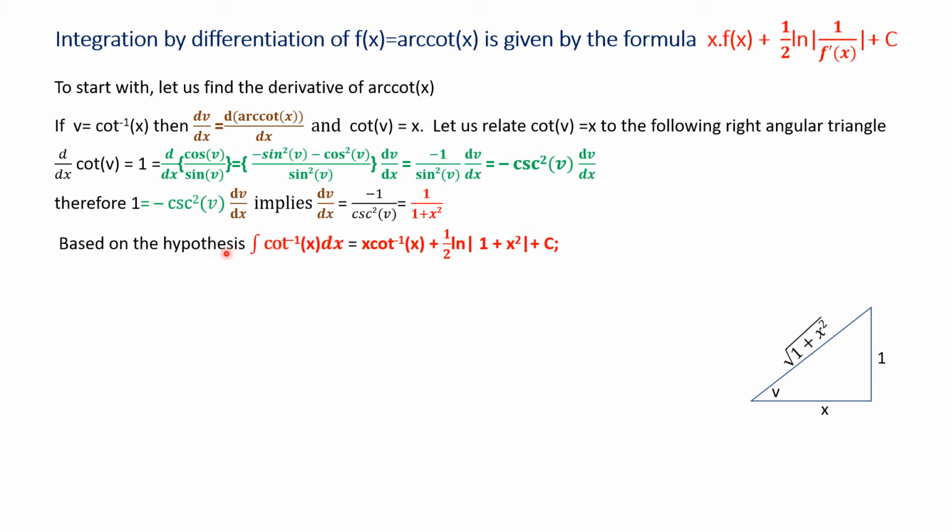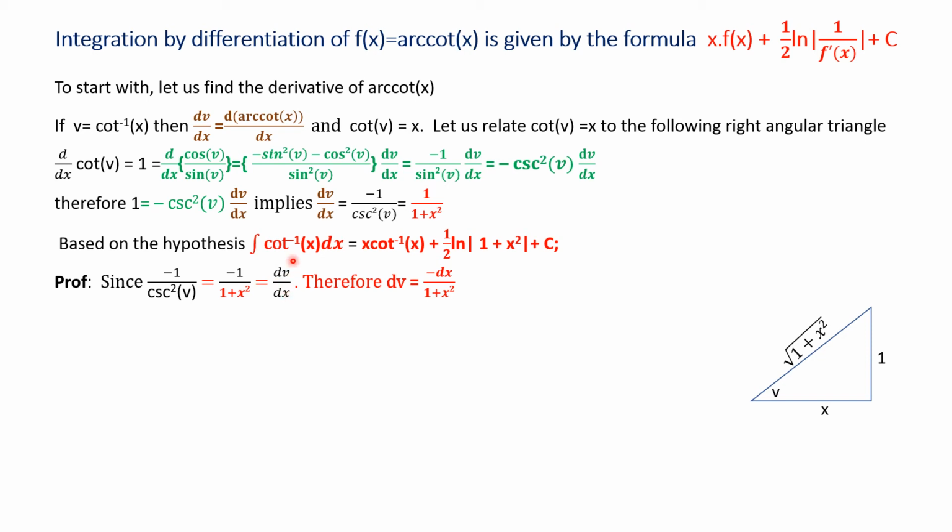To prove this, we have to perform actual integration of the left-hand side and prove that it is consistent with our hypothesis, and that will prove our hypothesis. So our proof will start by looking at negative 1 divided by cosec square of v equal to negative 1 divided by the value of cosec square of v, which is 1 plus x squared. We just explained this one, and it's equal to dv by dx.